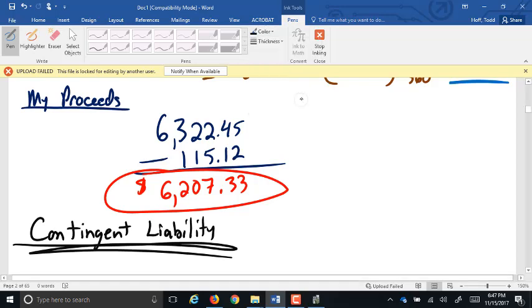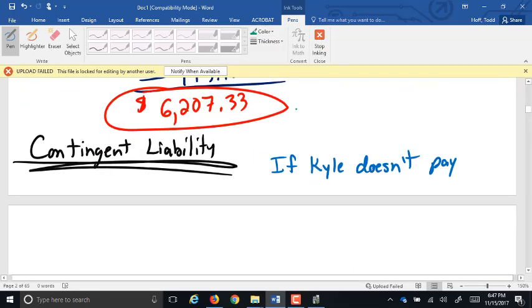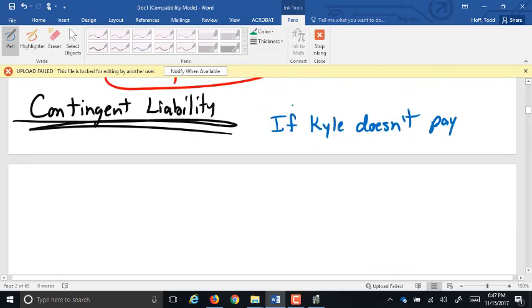But what happens if Kyle doesn't pay? At the end of the 90 days, he still doesn't have the money. No more chicken. Does Kyle have an agreement with the bank? No. The bank has no legal recourse to go after Kyle.